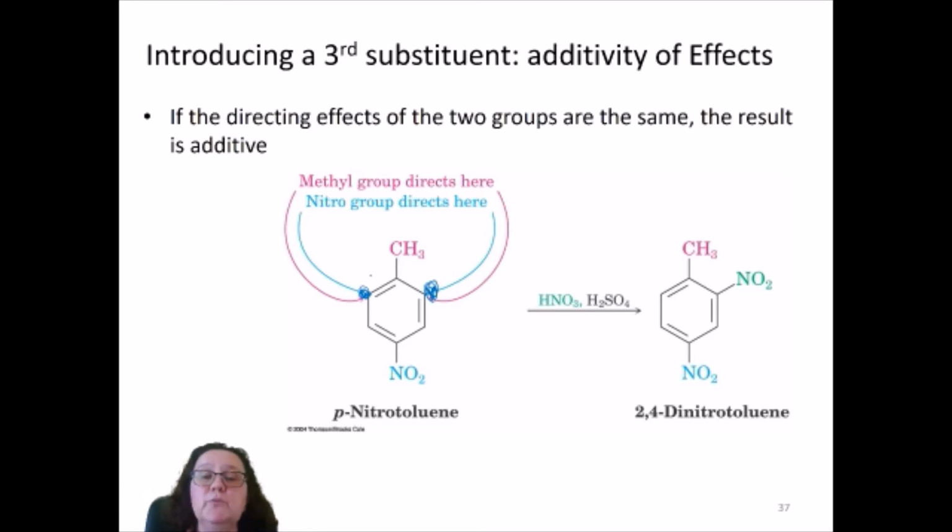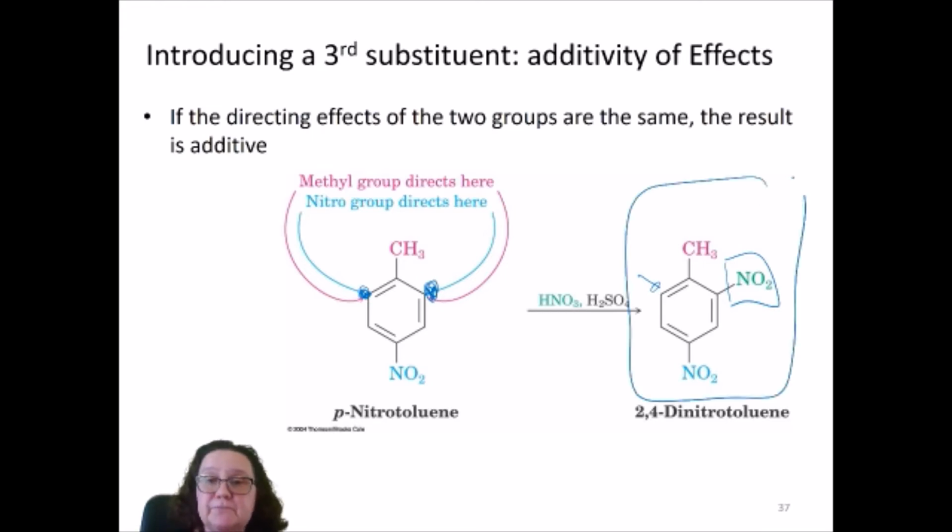So both groups, the methyl group and the nitro group, work together to favor this position here. The alternative one, this one, the compound would be identical. So in this case, you have an example of two substituents that work together favoring a particular position in the ring. So that is the compound that is formed exclusively.